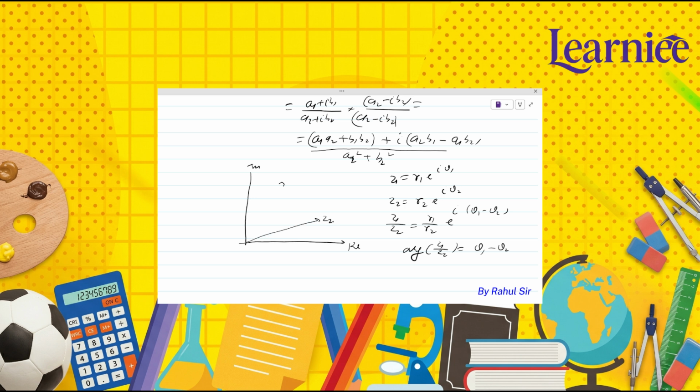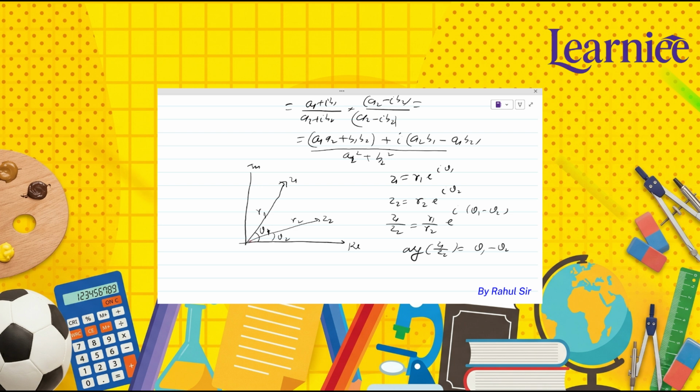Let's say this is Z2 having argument theta 2 and modulus R2, and let's say this is Z1 having modulus R1 and argument theta 1. Now what it is saying is that the argument of this is theta 1 minus theta 2. So I will draw somewhere this is theta 2.